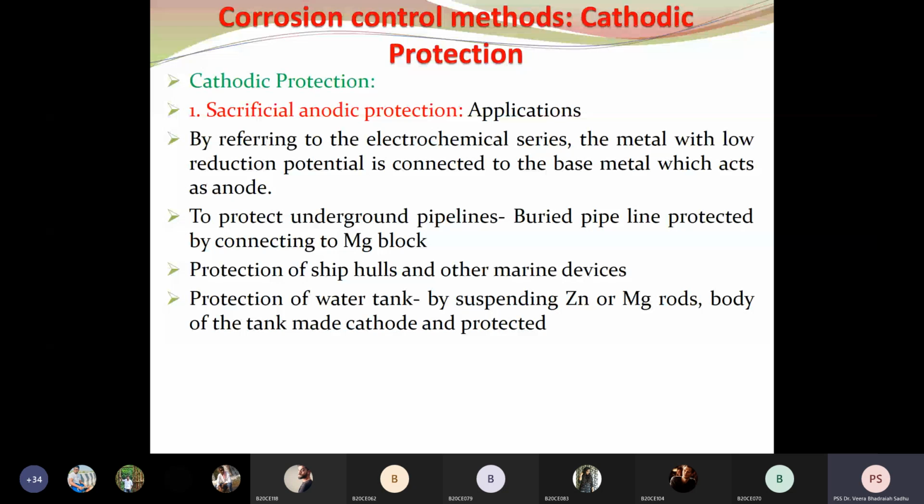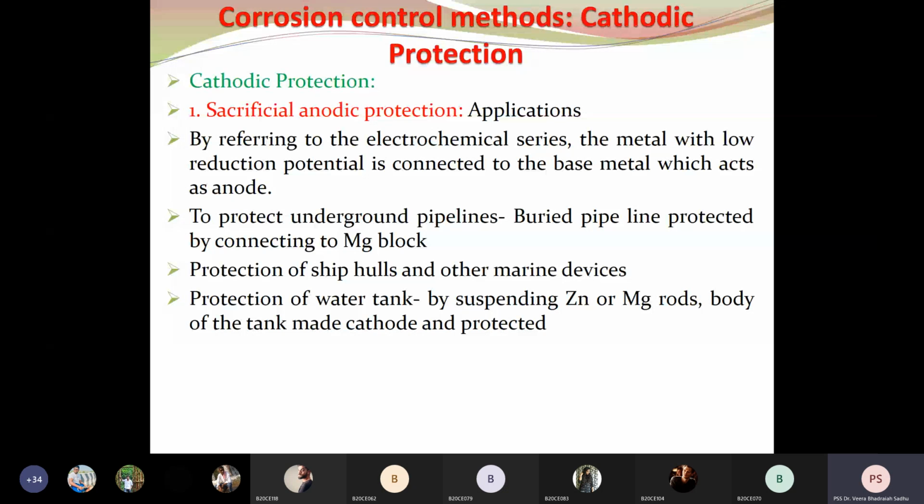By referring to the electrochemical series, the metal with the low reduction potential is connected to the base metal, which acts as an anode. This sacrificial anodic protection method can be used to protect underground or buried pipelines with a magnesium block, and even water tanks, ship hulls and some other marine devices.